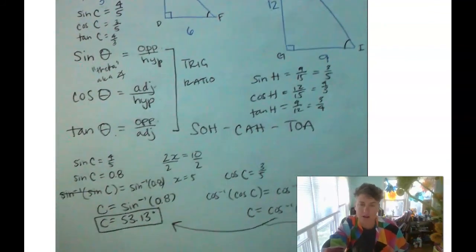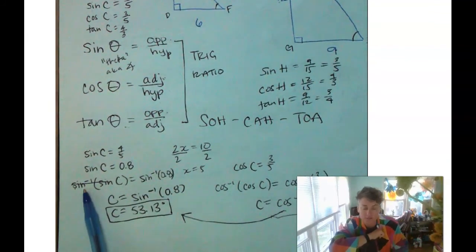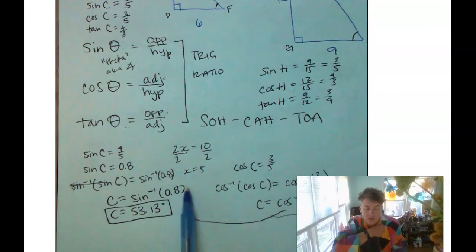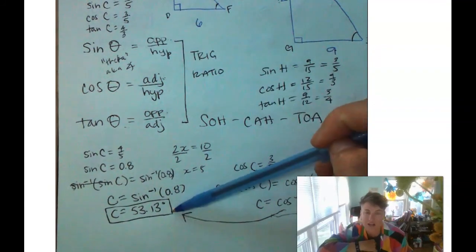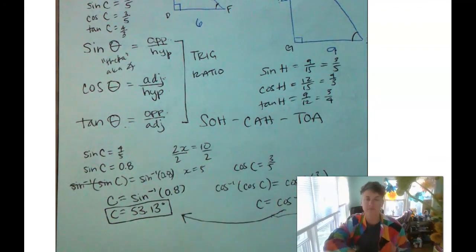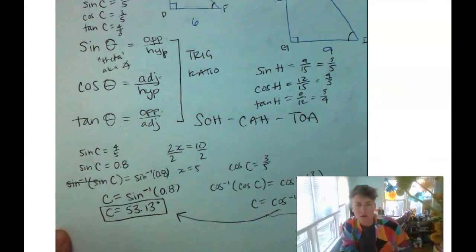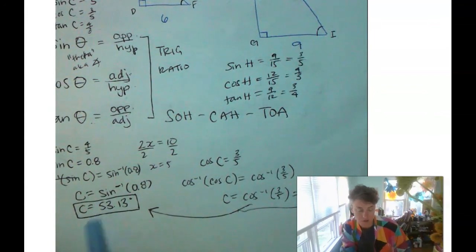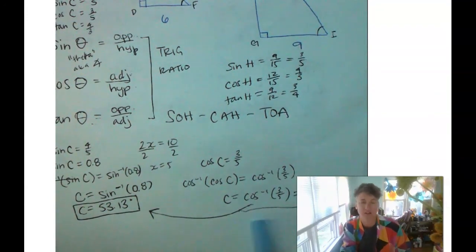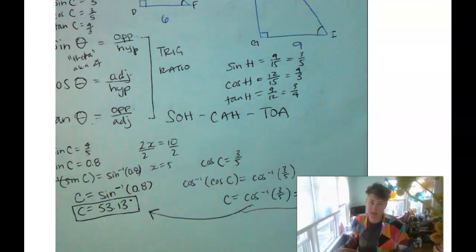We talked about using the inverse trig functions to go from the ratio of those sides to what that actual angle is. We talked about how you could find the same angle measure using the sine or the cosine or the tangent if you know all three sides.